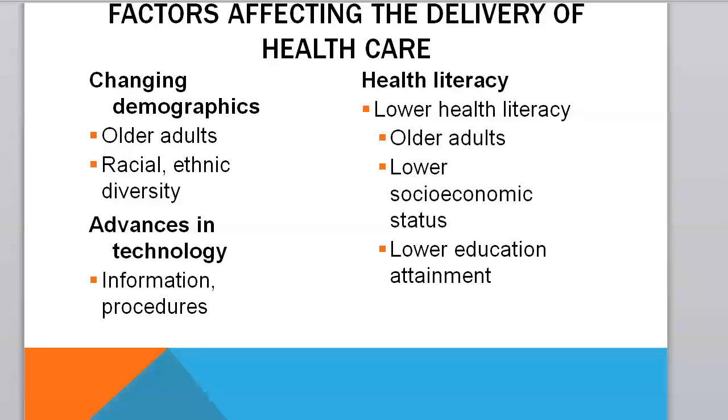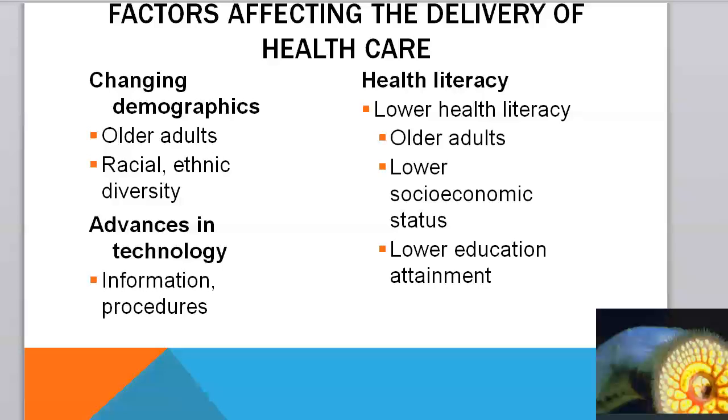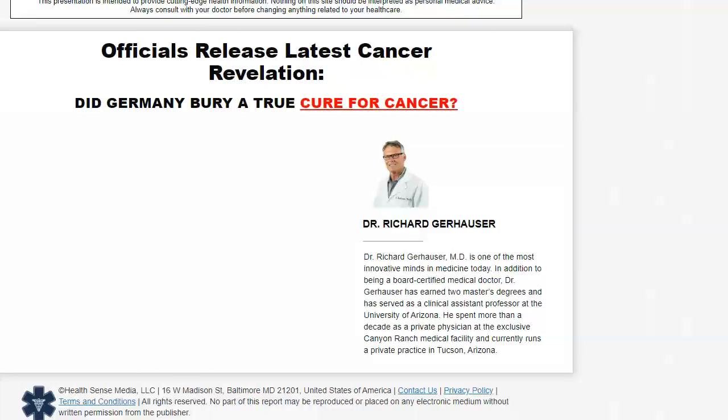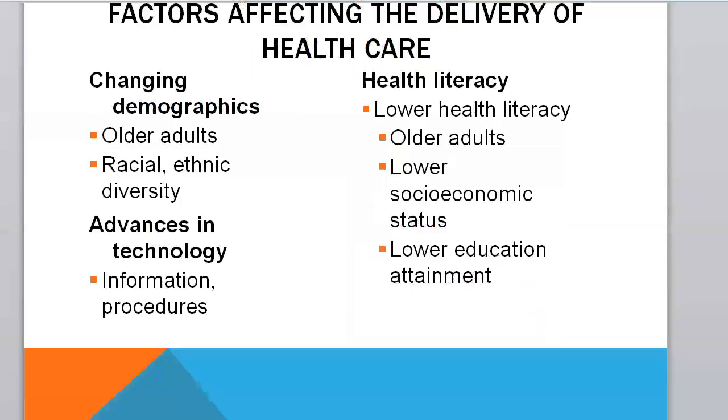A lot of our elderly patients may be affected due to sensory deprivations, maybe due to the fact that they have chronic diseases, so that could be a reason why those 65 and older may have some issues with health literacy.